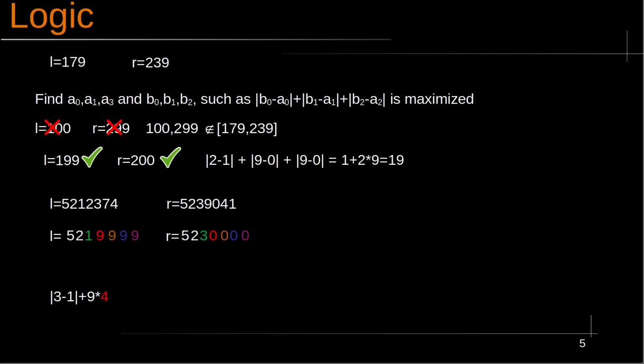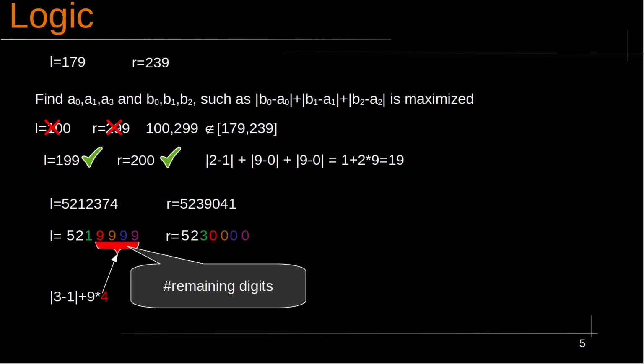So we can get this formula: 5 minus 5 is 0, 2 minus 2 is 0, so we start from the third digit, 3 minus 1, plus 4 times 9. The 4 comes from the 4 nines, which are the remaining digits.